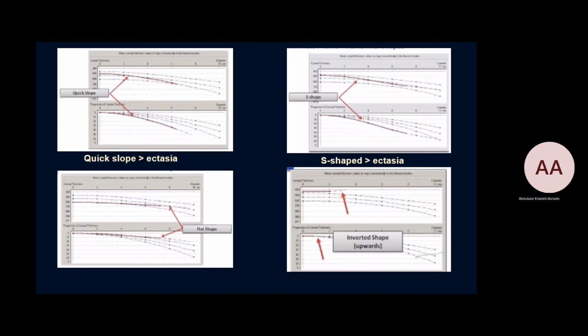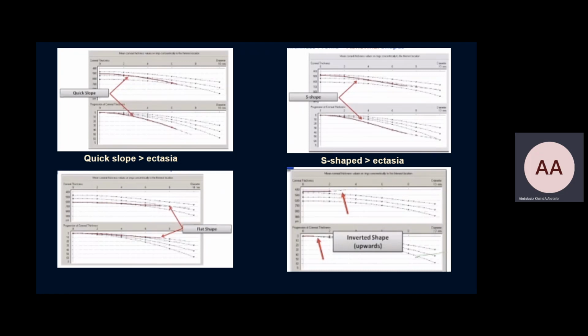Anybody? Yes, it just doesn't make sense, right? Our cornea gets flatter in the center and thicker in the periphery. Why here does it start to become a little thicker and then thinner? This is the S shape, because it goes like this, then goes thinner.